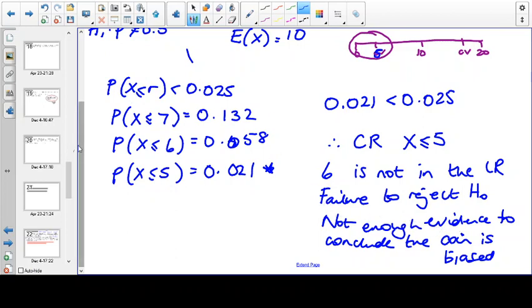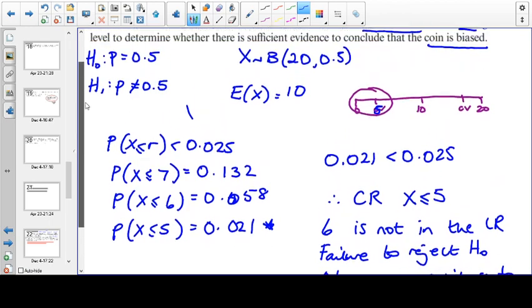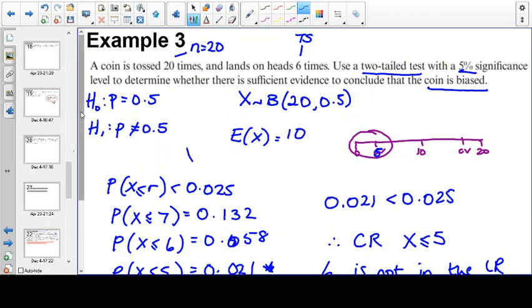Okay, you cannot skip any of that out, otherwise you're just throwing marks away.